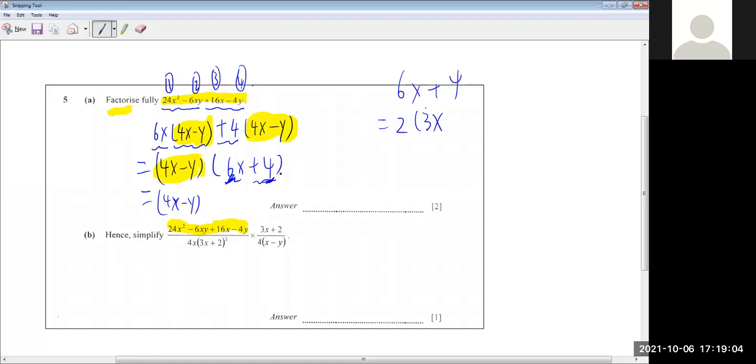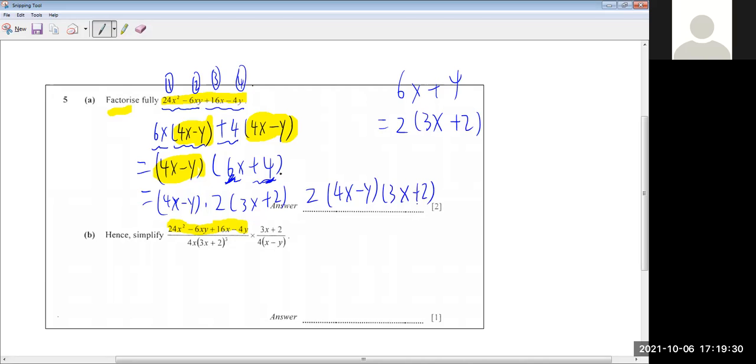Then you get 3x plus 2. So in fact, you need to take out the 2 as well. Let me rearrange it so that it's nicely arranged. Put the 2 in front, after that 4x minus y, and after that 3x plus 2. So this is the final answer.